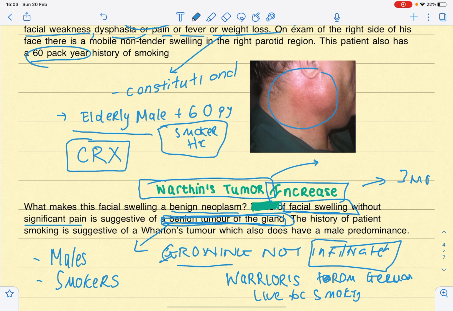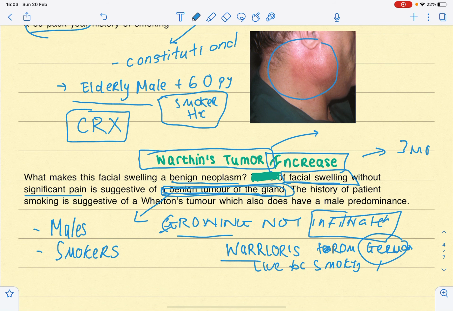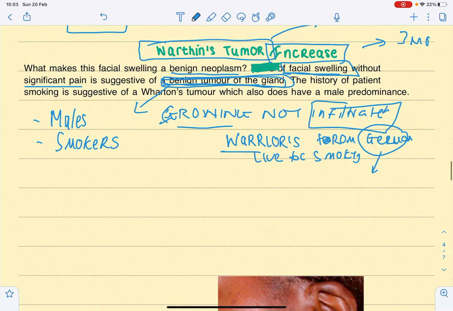And this is because warriors reminds you of Wharton's tumour. From Germany reminds you that these are tumours which have germinal centres. And they live for smoking, meaning this is common in smokers.